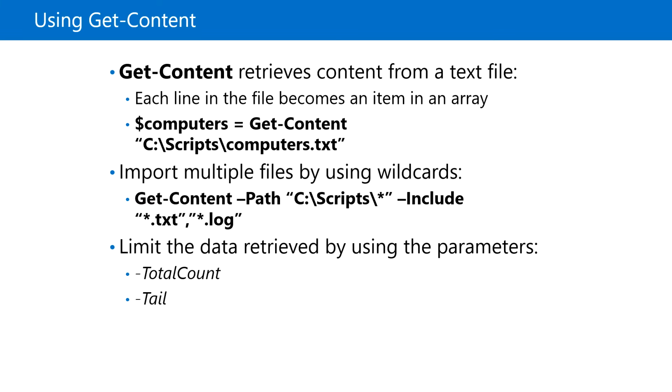For that, we can use parameters like -TotalCount and -Tail. Using the -TotalCount parameter, we can specify how many lines are retrieved from the beginning of the file, and using the -Tail parameter, we can specify how many lines are retrieved from the end of the file.